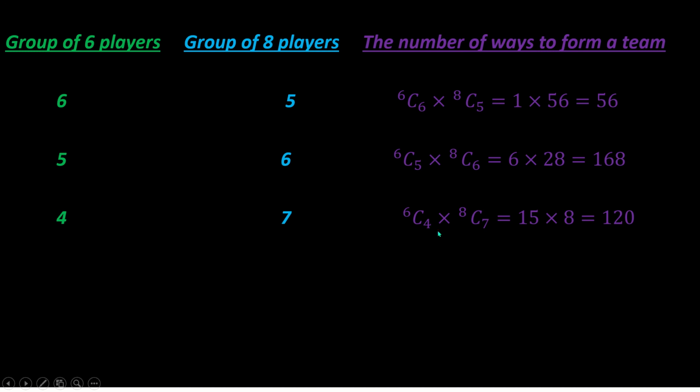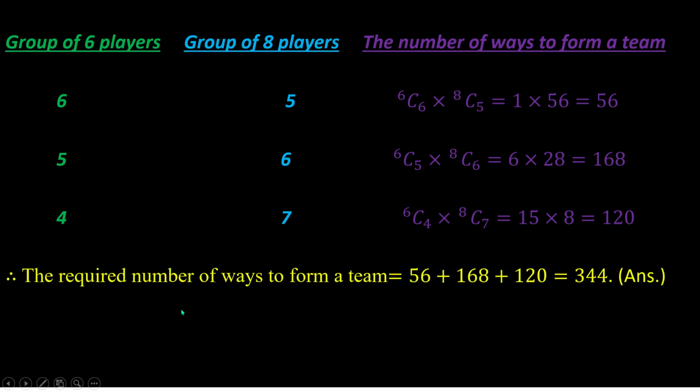The total number of teams will be 15 into 8, that means 6C4 equals 15 and 8C7 equals 8, this equals 120. Therefore, the required number of ways to form a team is equal to 56 plus 168 plus 120, this equals 344. This is the required answer. Clear everyone?